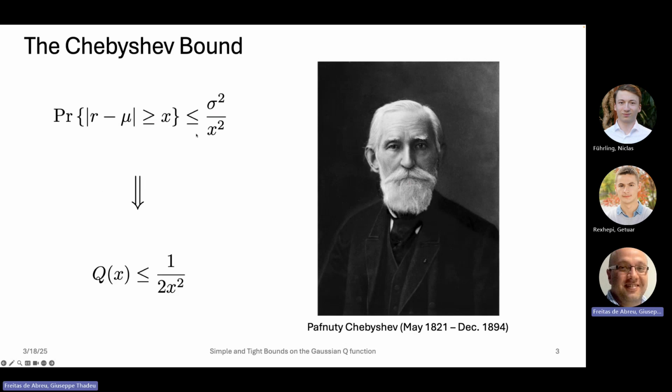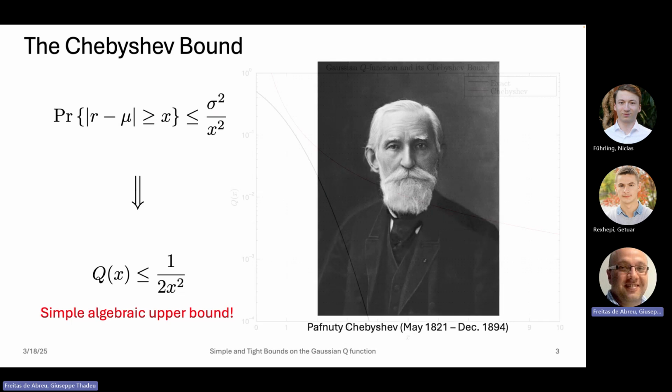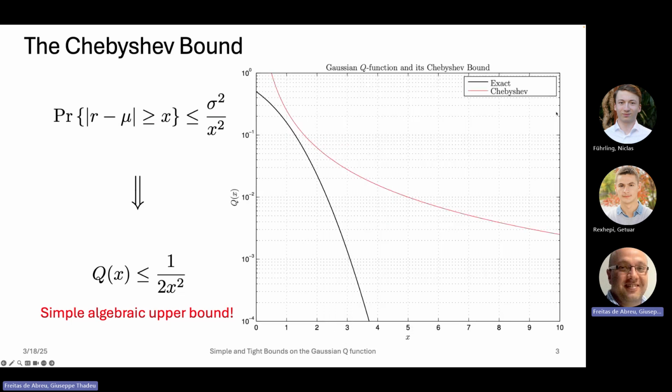If you apply the Chebyshev bound onto the Gaussian Q function or the error function, you can easily show that one very simple bound that you obtain would be this one, yeah? That the Q of x is upper bounded by 1 divided by 2x squared. Now, this is a very simple and algebraic upper bound, and if you go ahead and plot it, you find that it's pretty good for a relatively narrow range of values, but unfortunately it's very loose in fact in the vicinity of the origin.